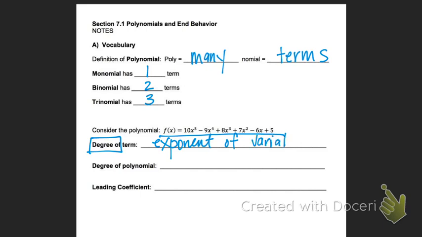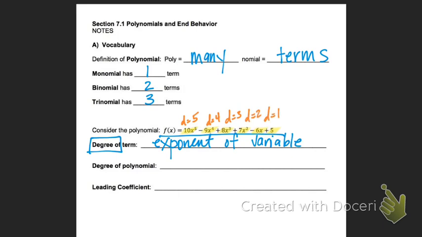So if I were to label the degree of each term, I have 1, 2, 3, 4, 5, I have 6 terms total in this polynomial. If I were to label the degree next to each one, what would the first one be? The degree would be 5, then what? 4, 3, 2, 1.